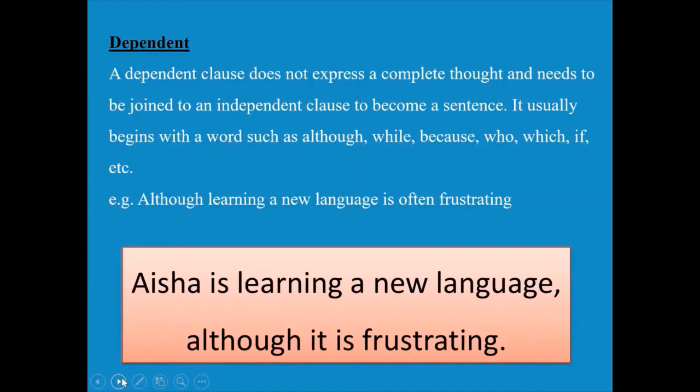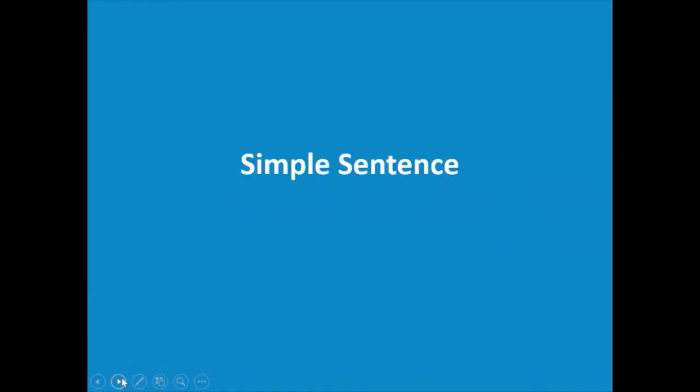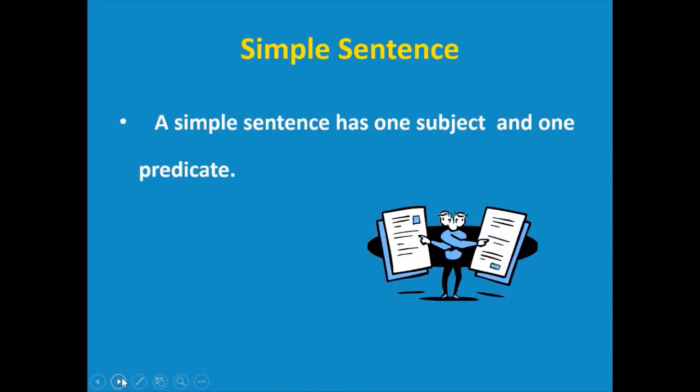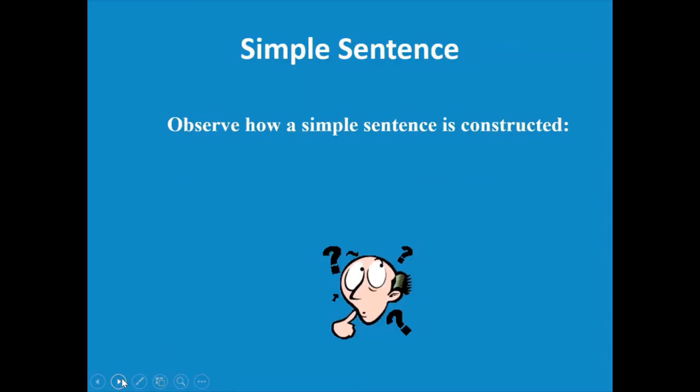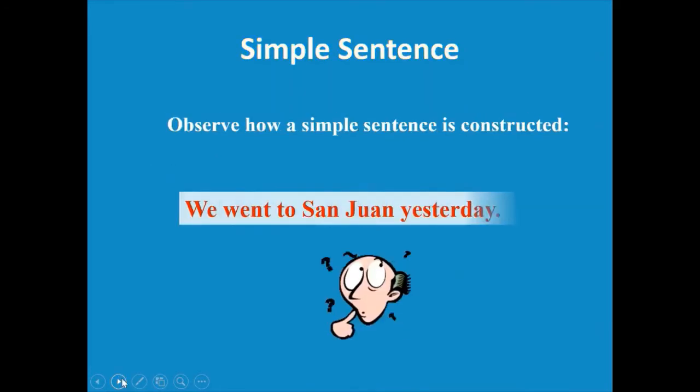Okay, moving on. First is simple sentence. Simple sentence is simple. A simple sentence has one subject and one predicate. Here, as you can see: we went to San Juan yesterday.